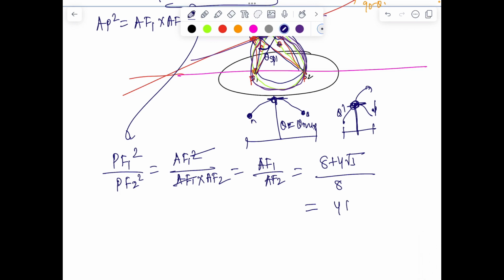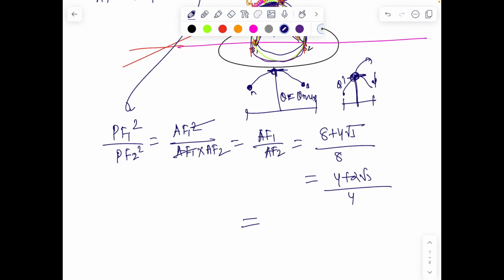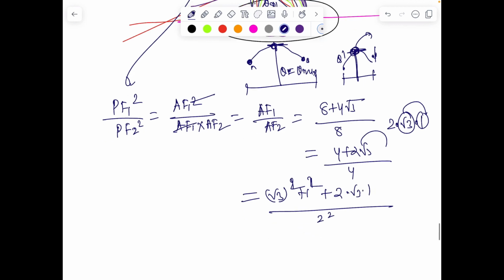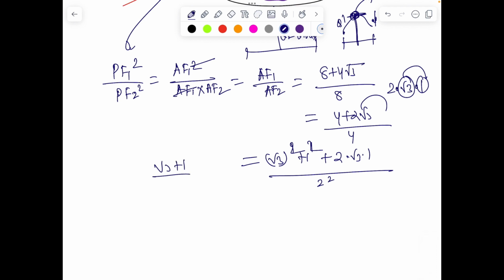So this can be written as 4 plus 2 root 3 over 4. Now 4 plus 2 root 3 gives us a feeling of 2ab, so 2 into root 3 into 1. And we know root 3 square plus 1 square is 4, so 4 plus 2 root 3 can be nicely written as root 3 square plus 1 square plus 2 into root 3 into 1, over 2 square. And that is nothing but root 3 plus 1 by 2 whole square.